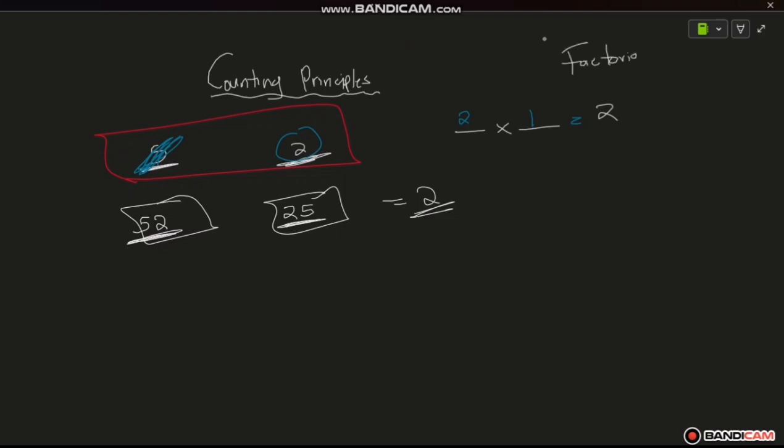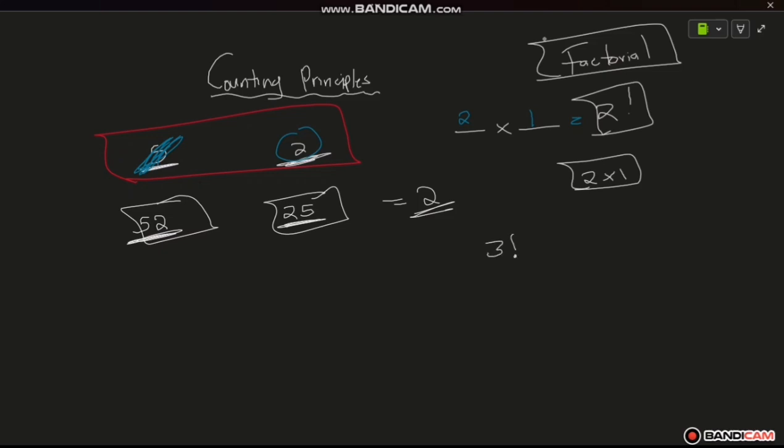So I have something known as a factorial. It helps us to calculate our arrangements in a simpler, shorter way. For an example, let's say we have 3 factorial. So this factorial means 3 times 2 times 1, then it gives us the answer.